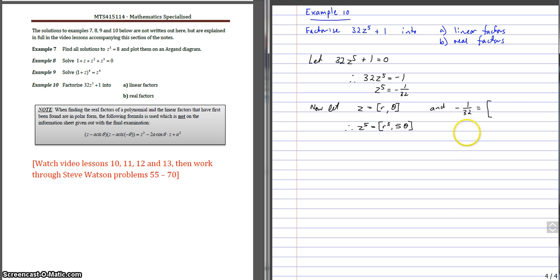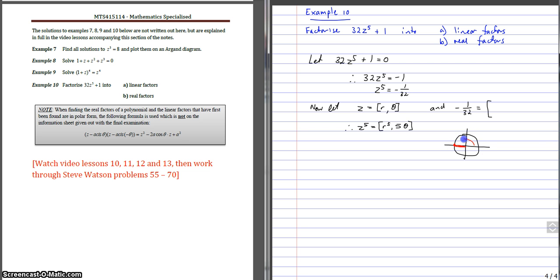Now it will be helpful if we just draw a little sketch here, just to get a picture of where this -1 over 32 is going to lie. Now this is obviously a real number, so it's going to be here, on the negative side.